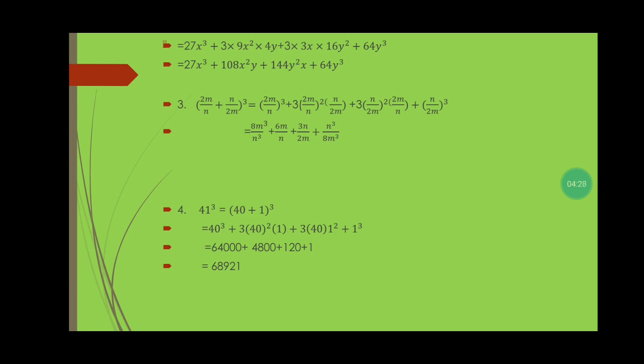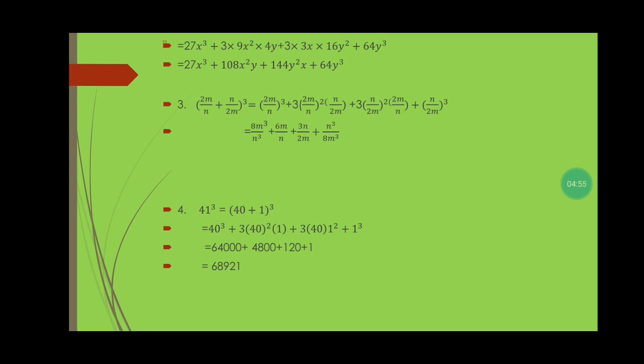This way we have solved the two problems. Now we move on to the third problem. In third problem, fraction cube we have to find out. Now very first term, that is (2m upon n plus n upon 2m) whole cube. Now your first term cube means (2m upon n) whole cube plus 3 into first term square into second term.